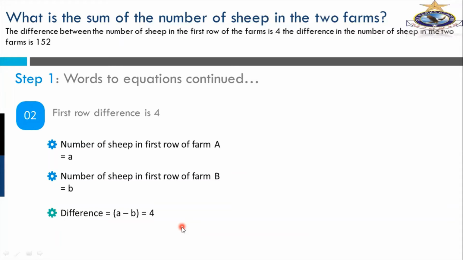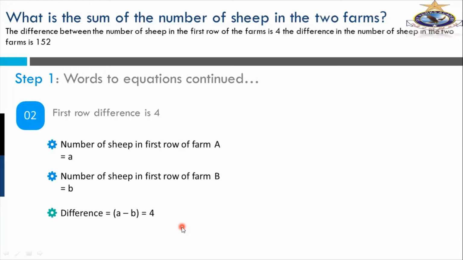And this will make the total difference. If each and every row of form A has 4 less, then this will count to a total difference of 152. So 152 sheep are less either in form A or B. You can just pause it. Are you getting this?